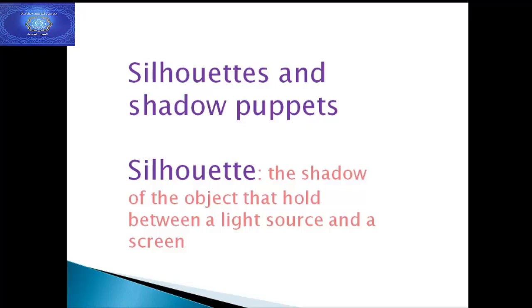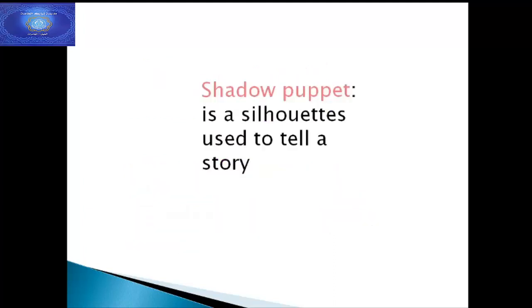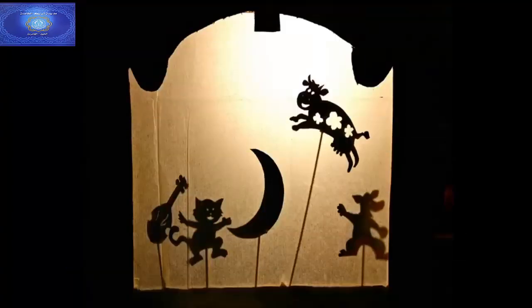They used shadow puppets and silhouettes long ago in ancient China and Indonesia to tell a story before inventing writing, to tell and record their history, to tell stories. A shadow puppet is a silhouette used to tell a story.